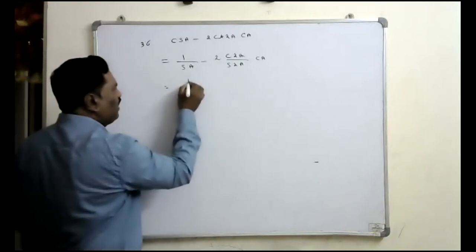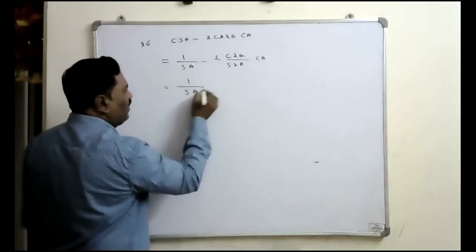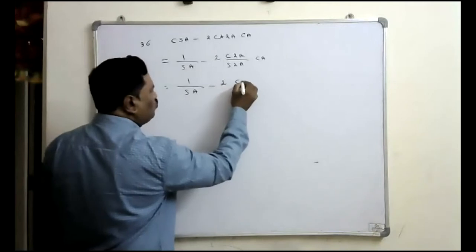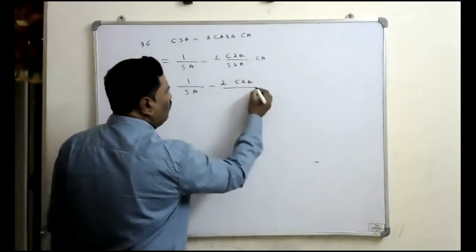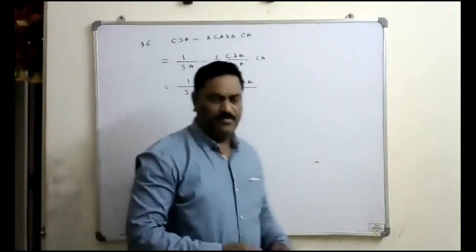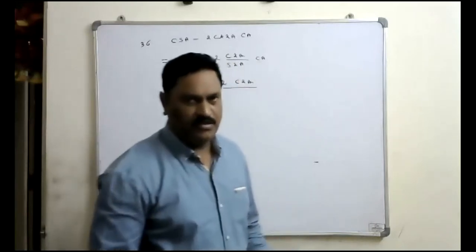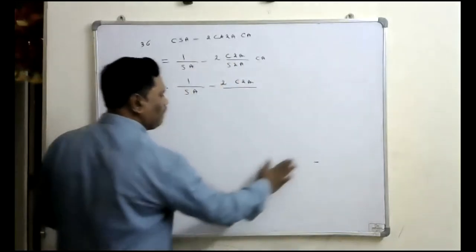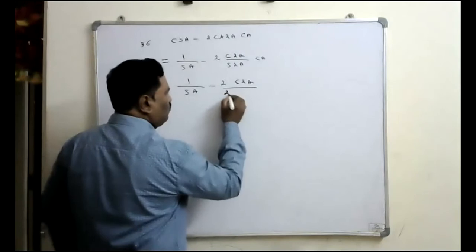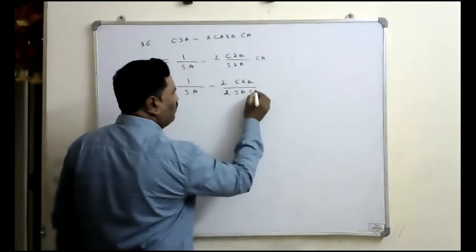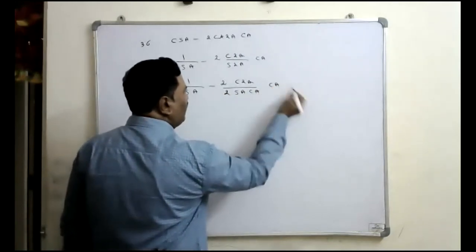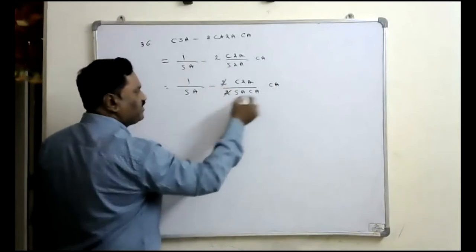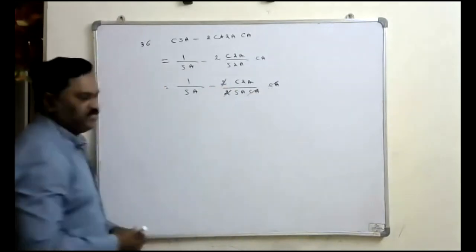So this is 1 by sin A minus 2 times cos 2A upon sin 2A. What is the formula for sin 2A? 2 sin A cos A. Okay, good. 2 sin A cos A and into cos A is there. So 2 and 2 get cancelled, cos A gets cancelled.